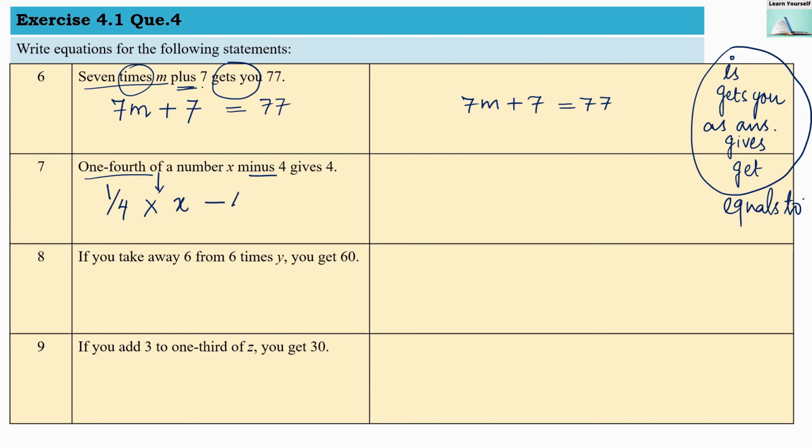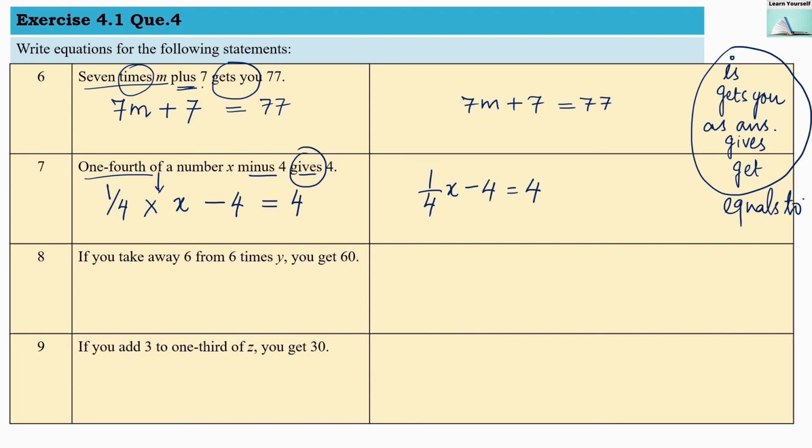Minus 4 gives 4. Gives means equals to, and then 4. On the right hand side we write 4 because it comes after gives. So this is our equation: 1/4 of x minus 4 will give us 4.